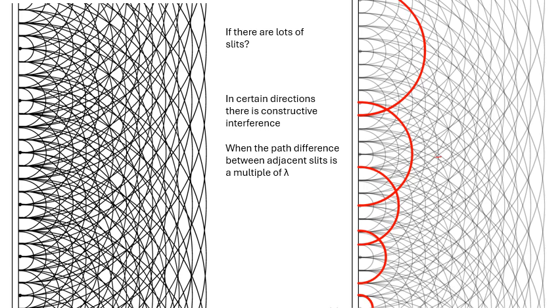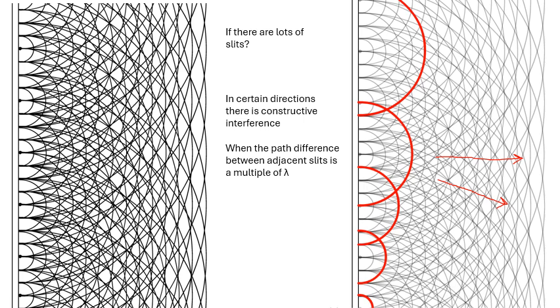So in the straight through direction, yeah, we get a maximum because they all add together because they're all in phase. And then there are other directions as well. In this direction here, hopefully you might be able to see on my diagram, when the path difference between adjacent slits is a multiple of lambda. So the path difference between adjacent, which means next to each other, is a wavelength, which is these red circles.